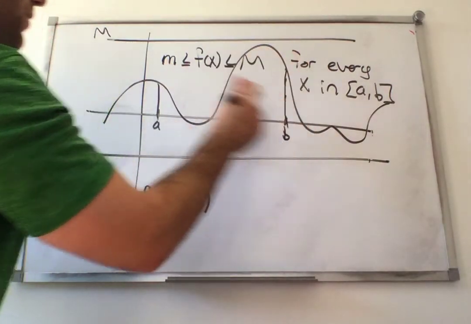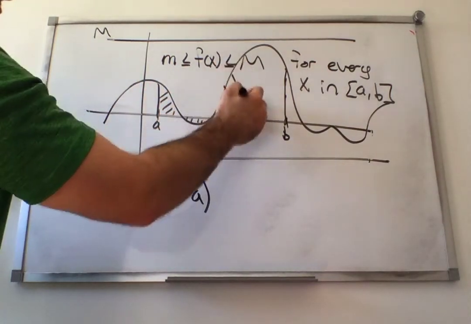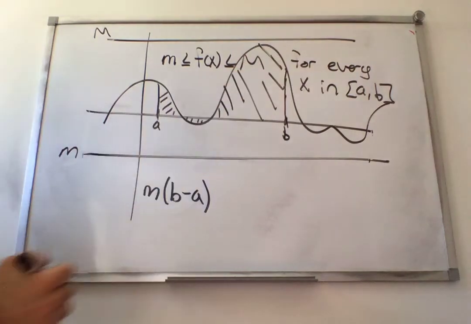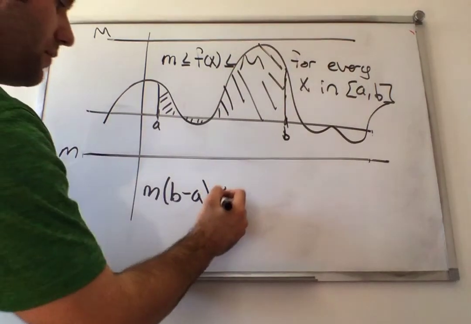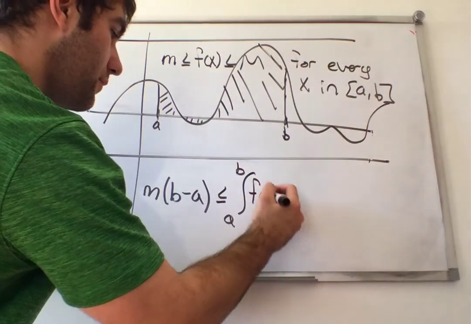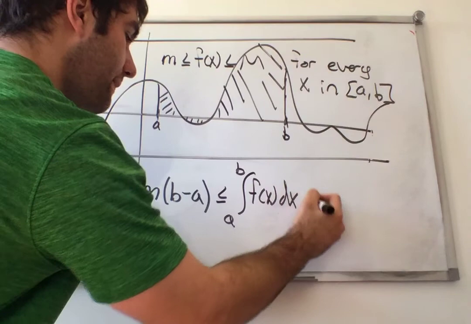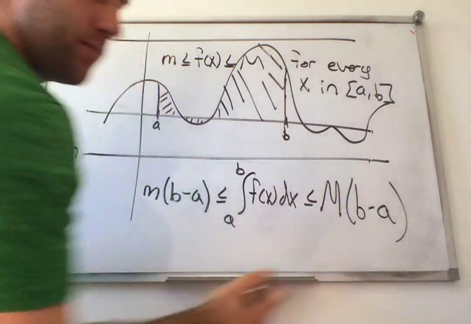Everywhere in that interval, the area must be between these two values. Just like that.